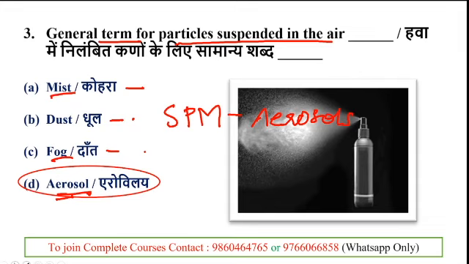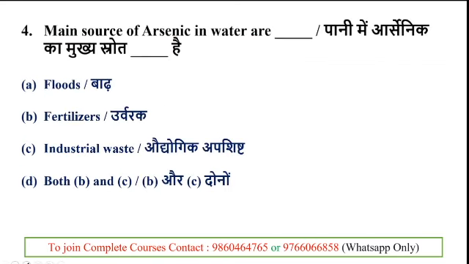You can see the aerosol here, the spray bottle that sprays a number of particles. So the number of particles in general is called aerosols. Clear? And the next one, the main source of arsenic in water is dash.